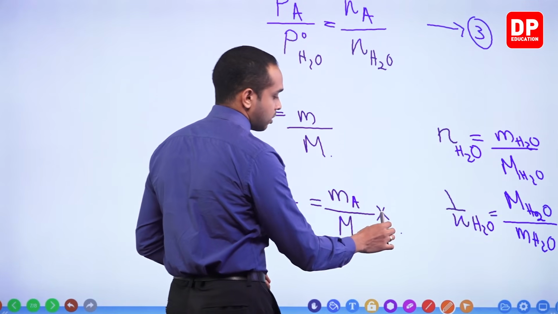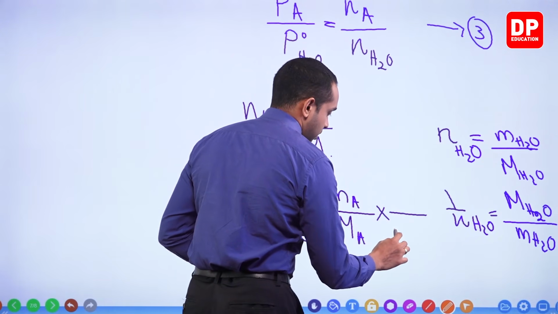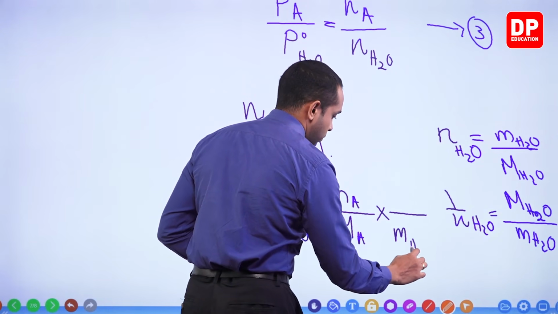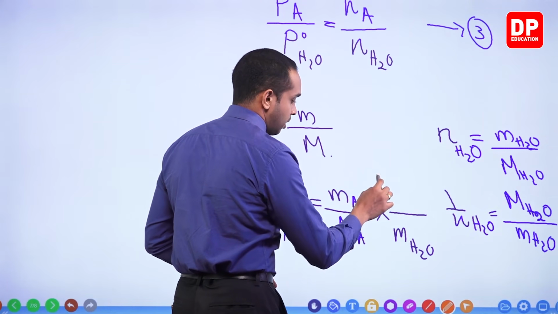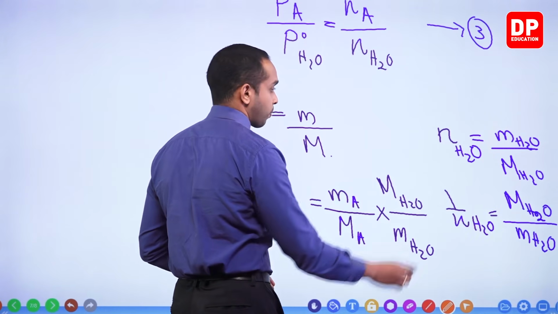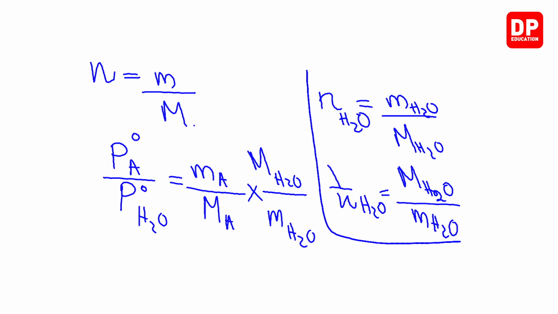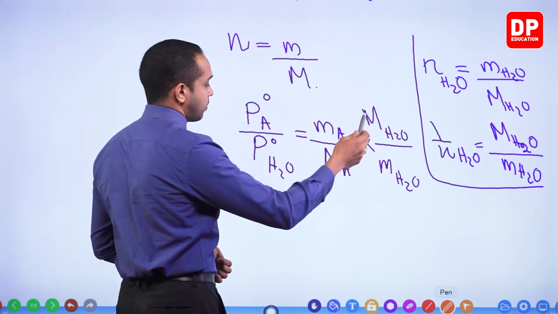So that is what should go over here, right? Simple MH2O divided by, over in the denominator, and then in the numerator we have capital MH2O, right? So now at this point we have this equation.